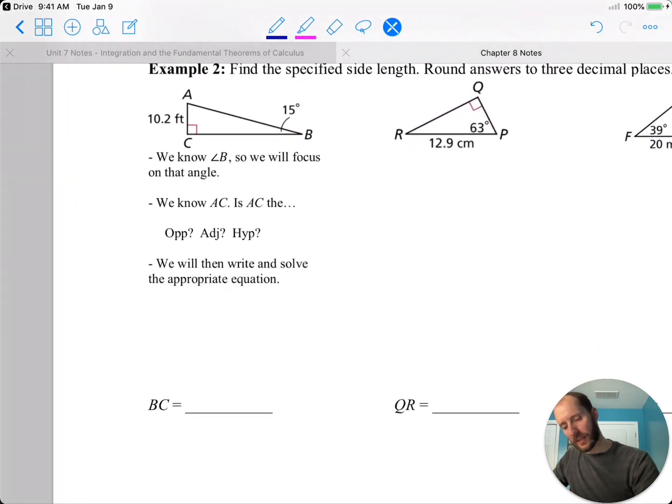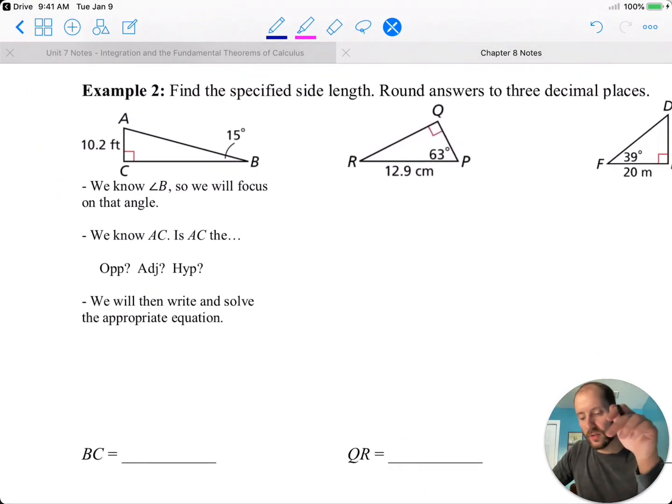Now the last thing we're looking at, example 2, is solving for a specified side in a right triangle. So it's important, kind of like writing proofs, to identify your givens. What do you know first off?